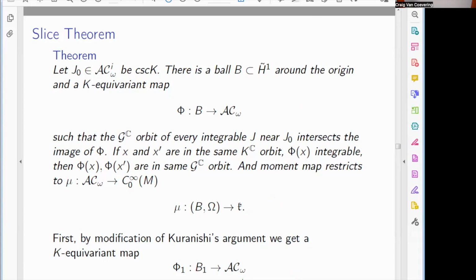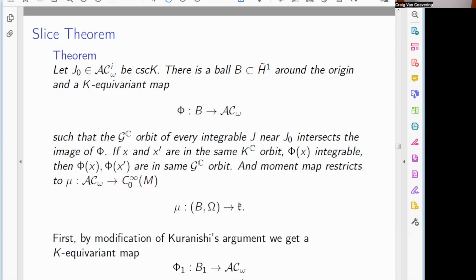I guess it's kind of cut off here. So first you use the Kuranishi theory to get a K equivariant slice here. And then you need to perturb it to cancel out the moment map, which has values in the Lie algebra of the Hamiltonian group, which is all smooth functions, here normalized at integral 0.